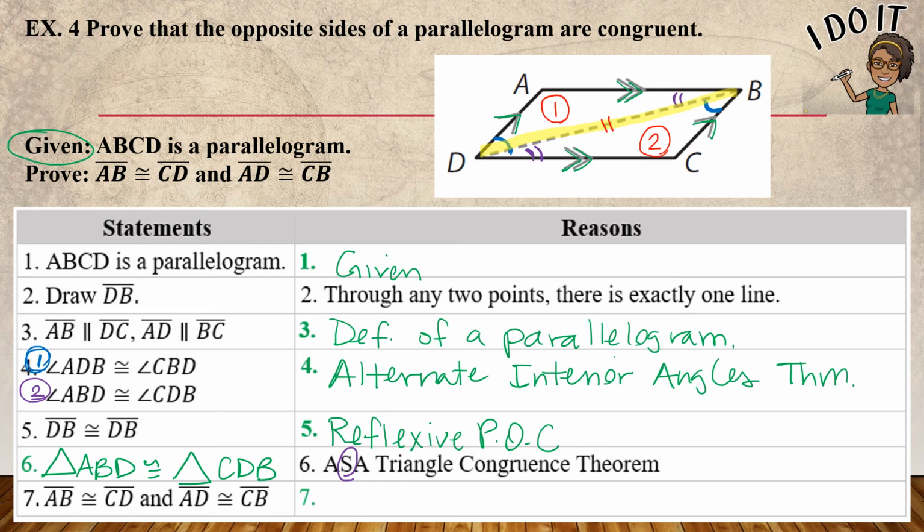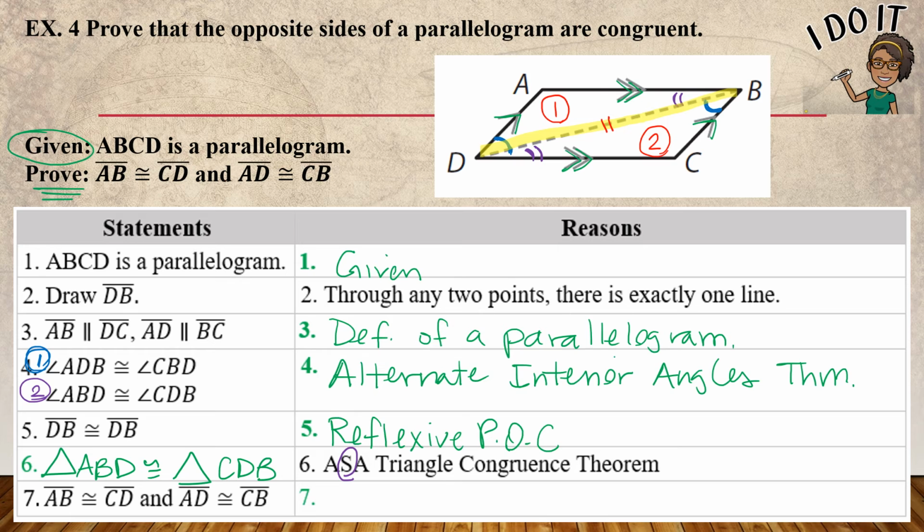So we're now at the last statement. Remember, we are trying to prove that the opposite sides of this parallelogram are congruent. Well, I've already shown that the two triangles created in this parallelogram are congruent based on ASA. Now, if I know that the two triangles are congruent, then I know that the other parts of the triangles are also congruent.